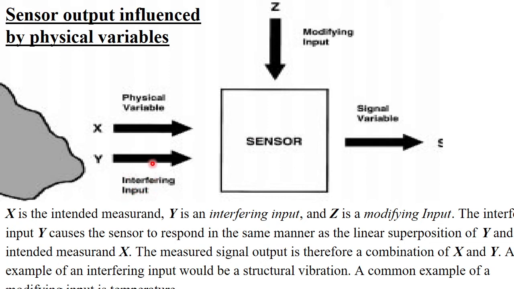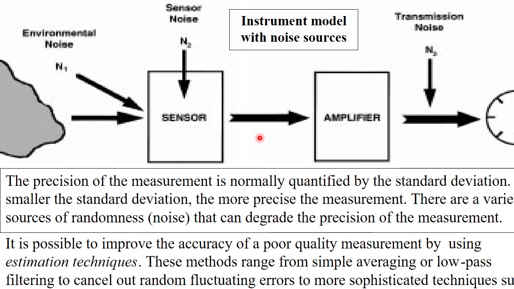If the physical body is subjected to a temperature change, then it will also induce some error in this physical value input. So these are errors which we need to correct somehow in our measurement system.